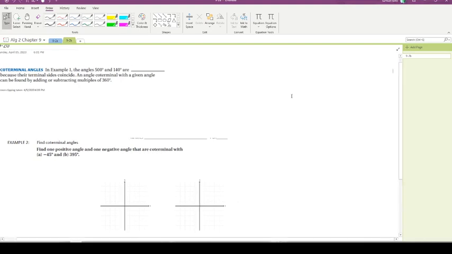Okay, now let's talk about coterminal angles. So if we want to talk about coterminal angles, in example 1, the angles 500 and 140 are coterminal.